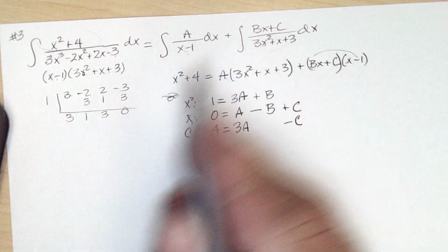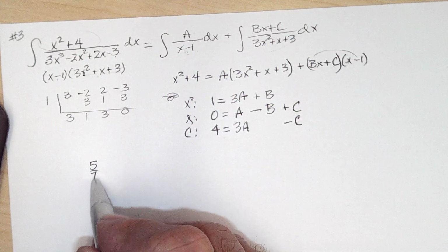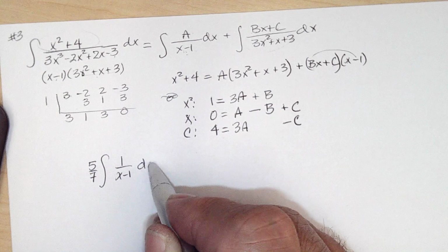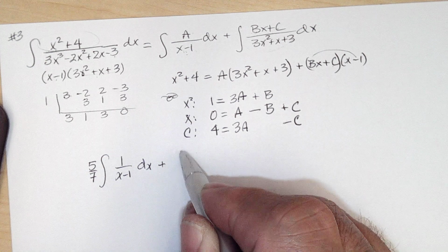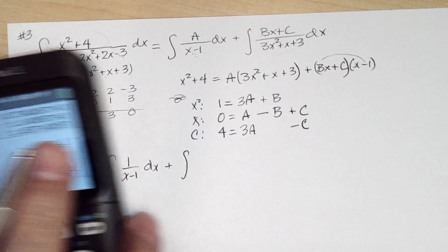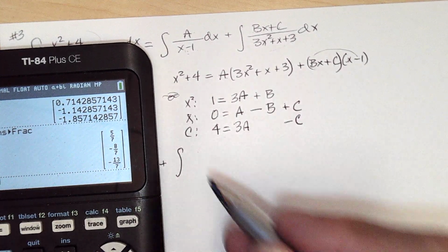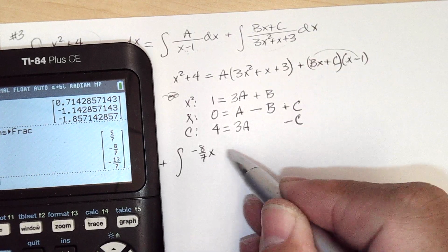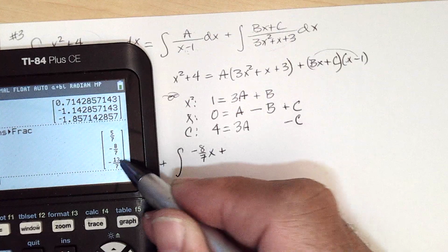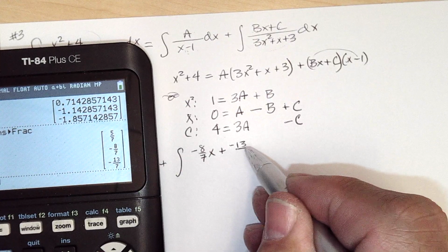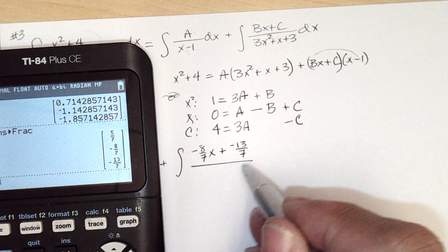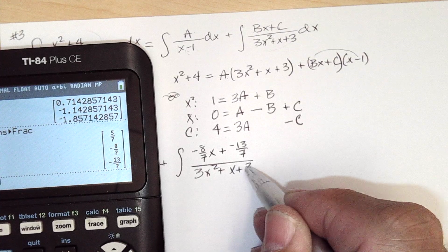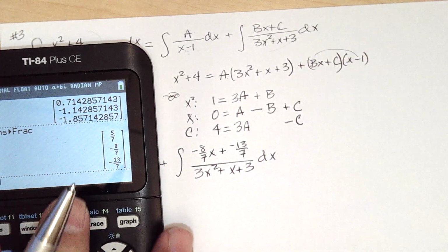So this becomes 5/7 the integral of 1 over x minus 1 dx, plus the integral, and B was negative 8/7 x, plus C is negative 13/7, all over 3x squared plus x plus 3 dx.